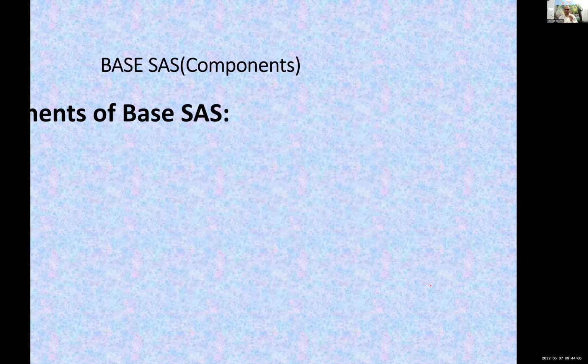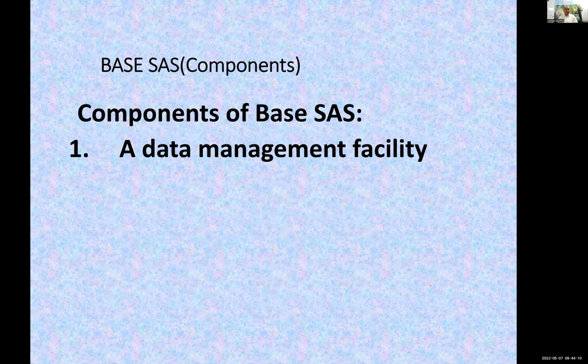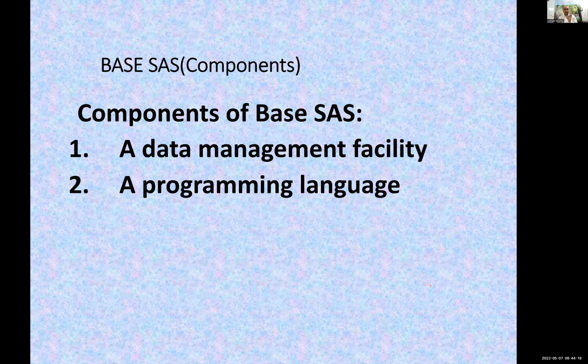Now, going back here itself, what are these components? Components of base: data management facility. We can manage the data. How we want to manage? We will discuss those things. Programming language. Always remember this. What is meant by program?